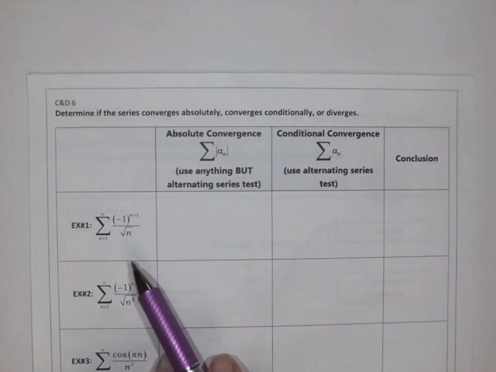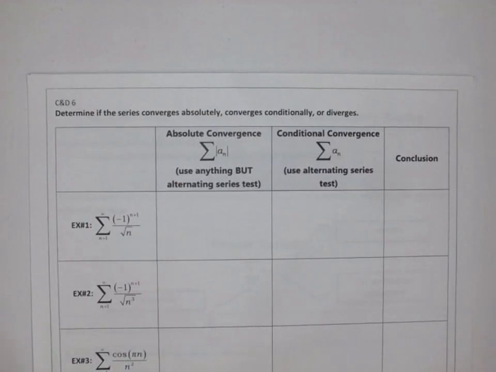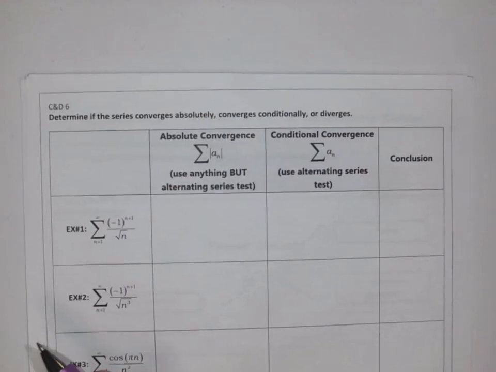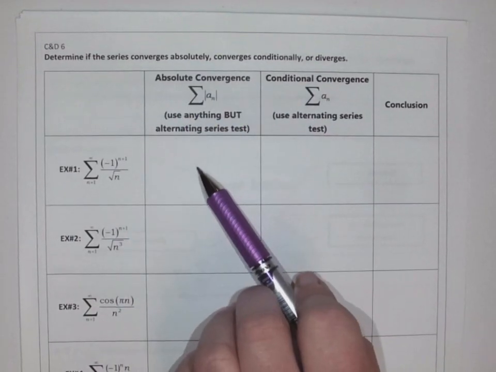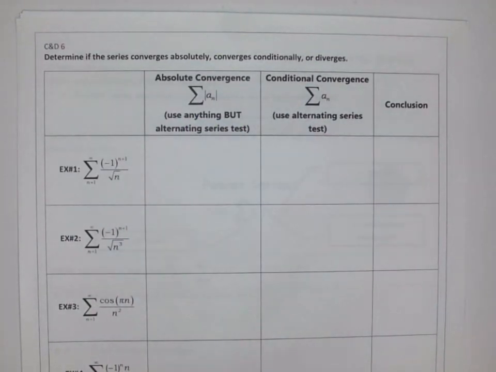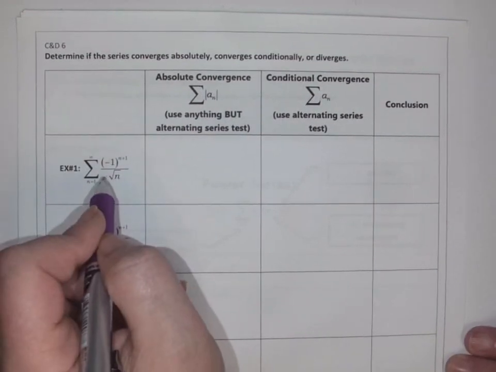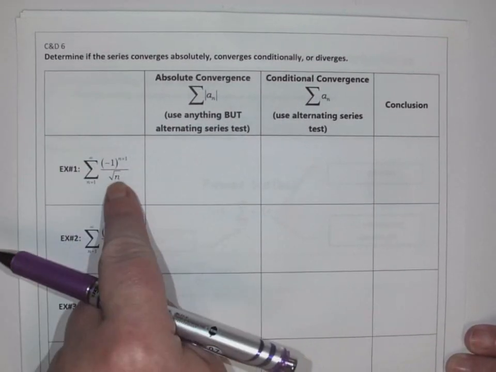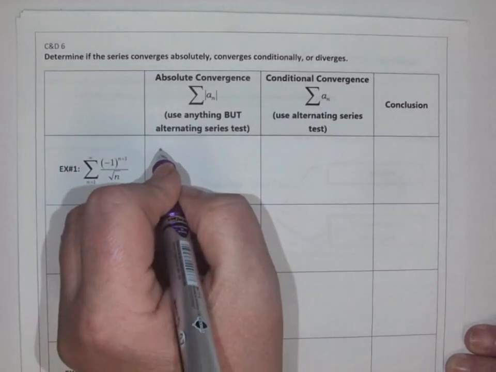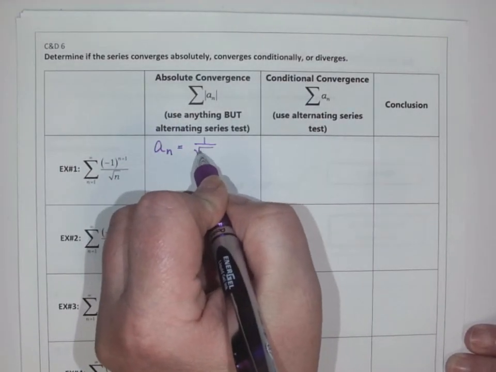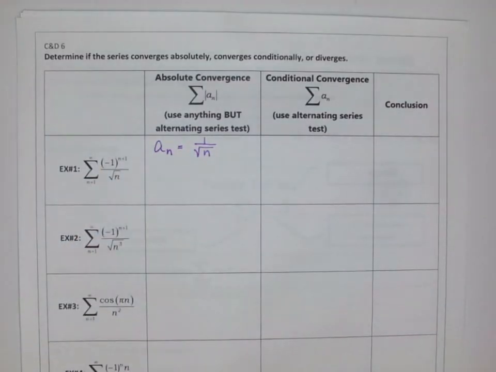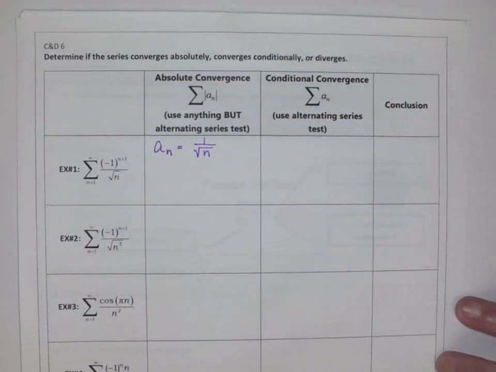On our first example, we've got negative 1 to the n plus 1 over the square root of n. We always check for absolute convergence first, because if we can get absolute convergence, then we're done and we don't have to try anything else. Absolute convergence means I take the absolute value, so what I'm working with is 1 over the square root of n, ignoring the negative 1 to the n piece.